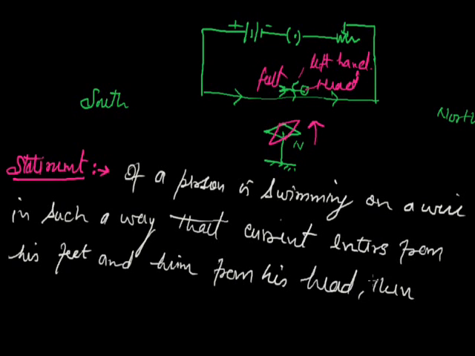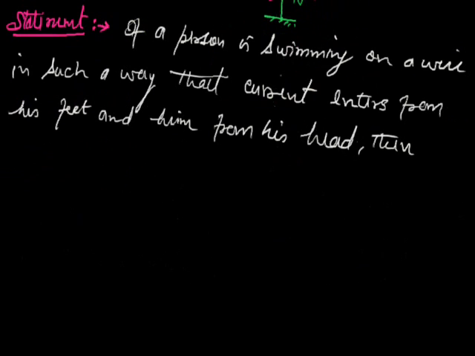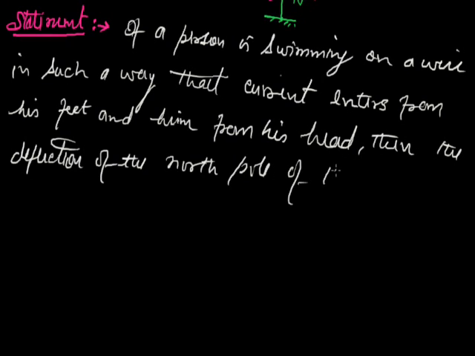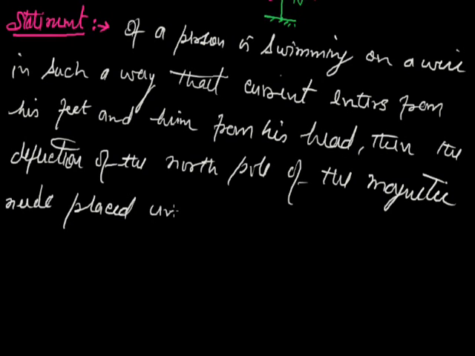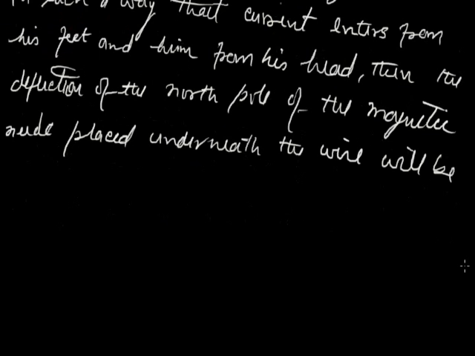Then the deflection of the north pole of the magnetic needle placed underneath the wire will be towards the left hand of the swimmer, towards the left hand of the person.